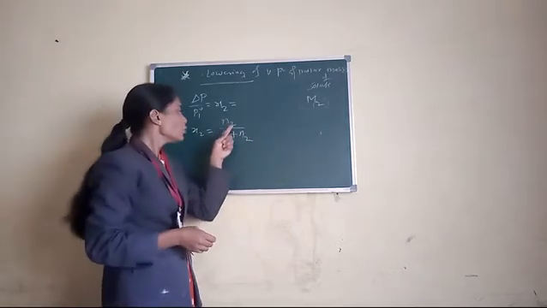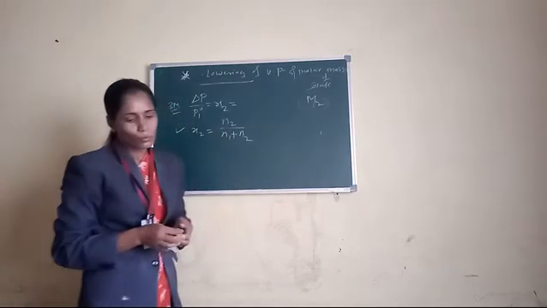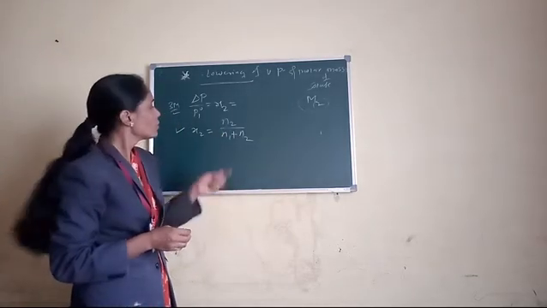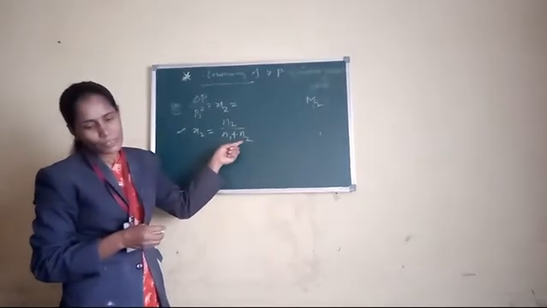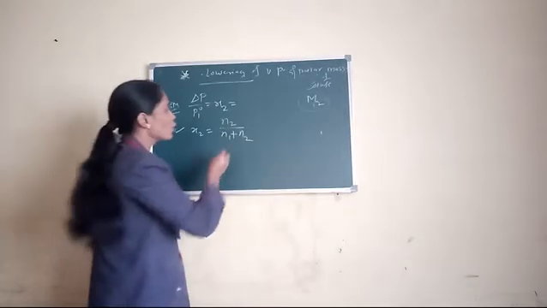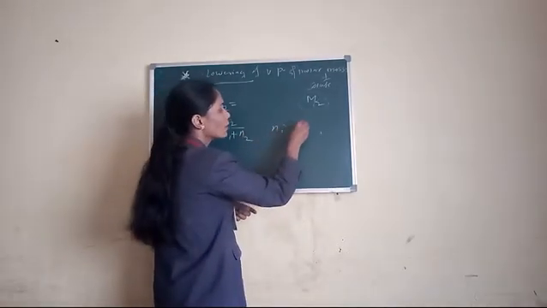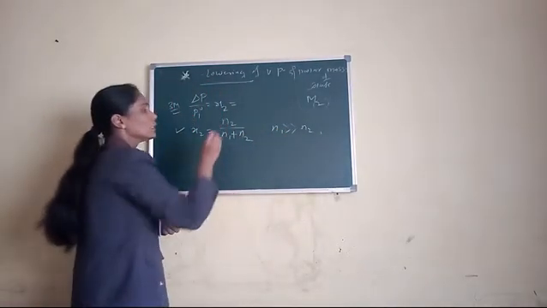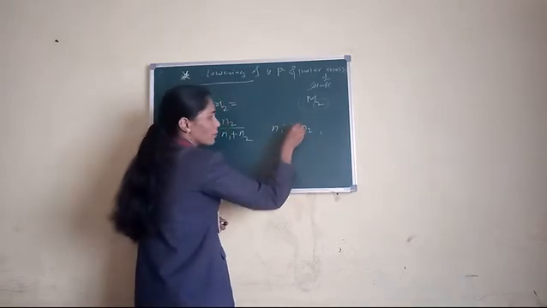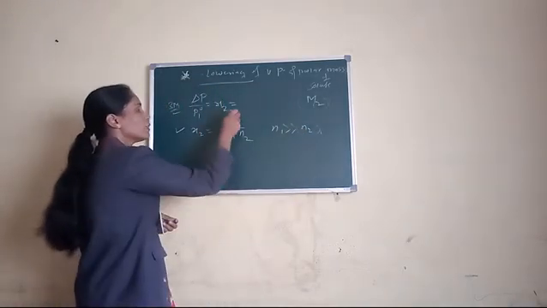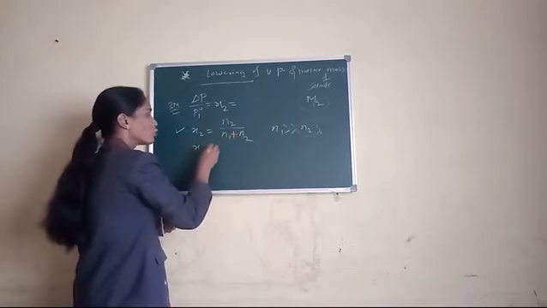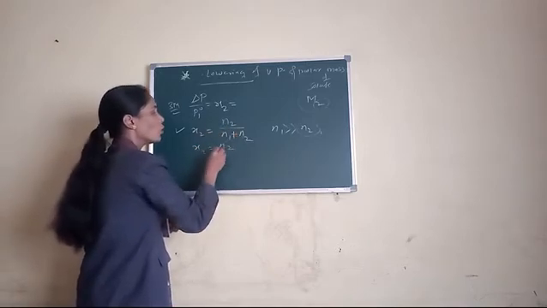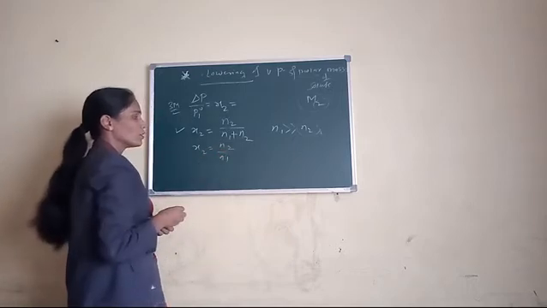Here it is N2 upon N1 plus N2, but N2 is a very small quantity, negligible, because N1 is higher than N2. Therefore, N2 is neglected in the denominator, and we get X2 is equal to N2 upon N1.